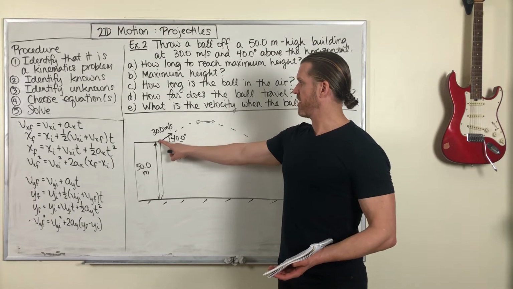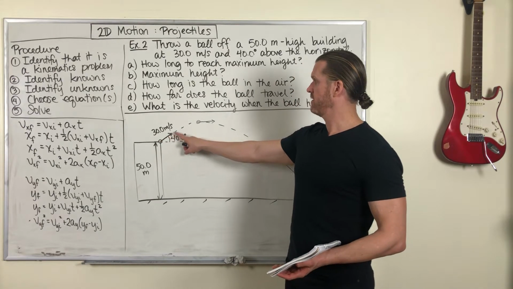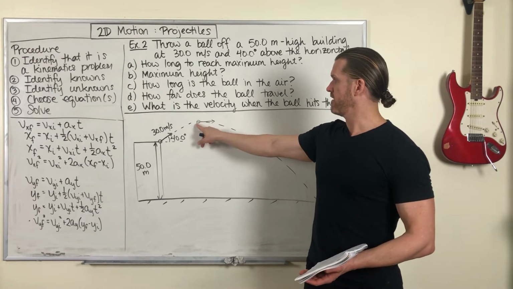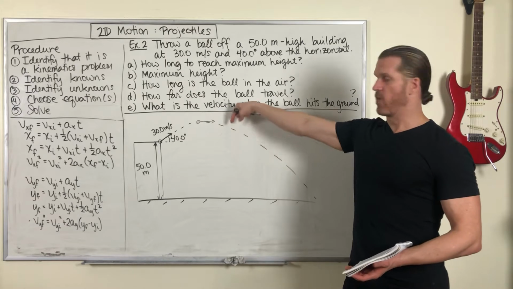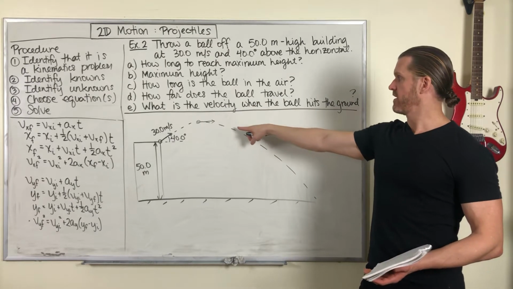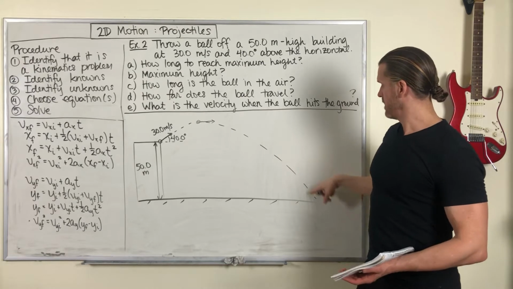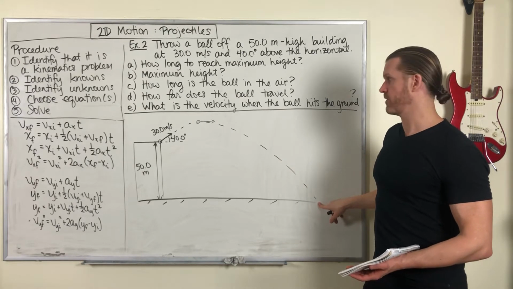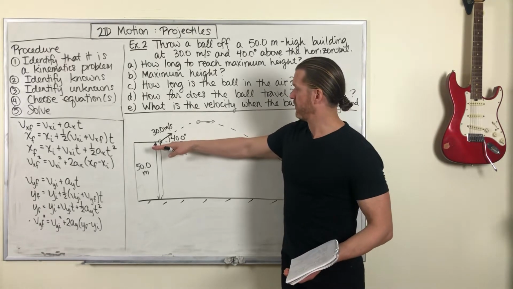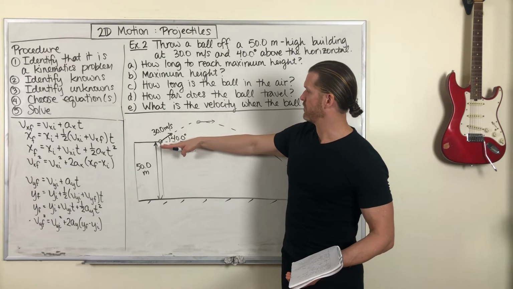So we launch with this velocity from some height, reach a maximum height where the velocity is purely horizontal, and then the y component of the velocity starts to get larger, pointing downward, and the ball continues on and eventually hits the ground.